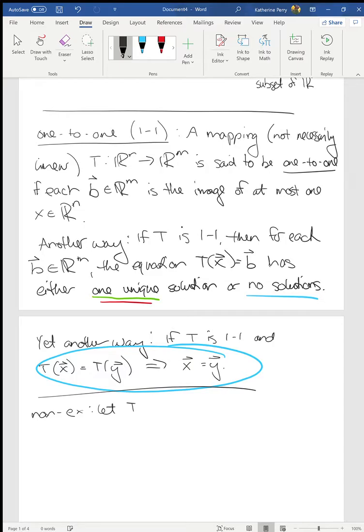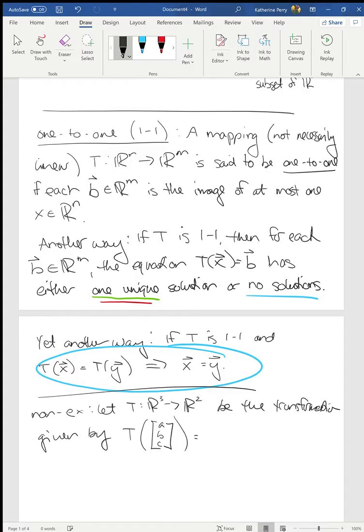Let T from R3 to R2 be the transformation given by T of a three-dimensional vector, let's say (a, b, c), is equal to (a + b + c, a + 2b + 3c).